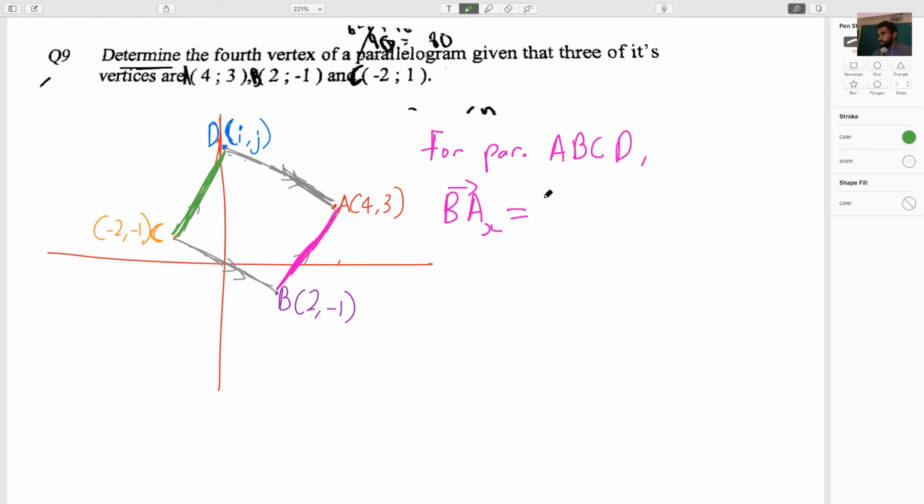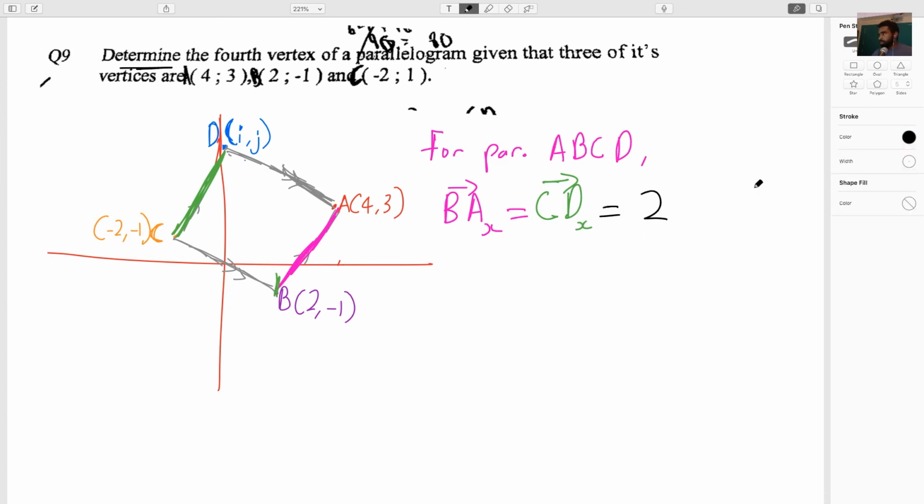I'm just formalizing what I was saying in the picture. We already calculated the one for BA, 2 to 4, which is 2, so we move by 2. And we know that this is equal to 2.